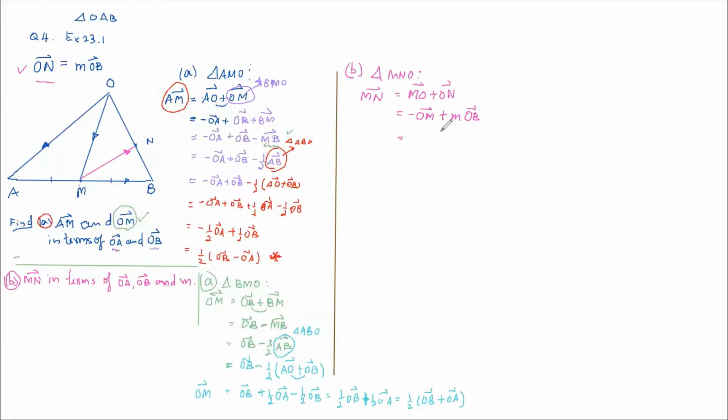OB we keep, because we want to convert into terms of OA, OB and m. So we keep this one but convert this one, minus OM.